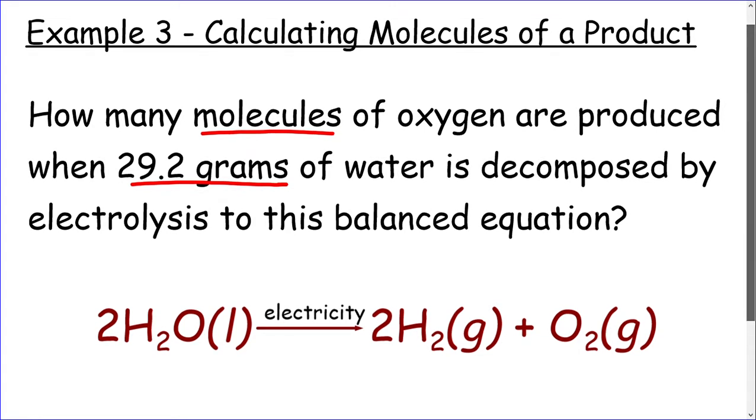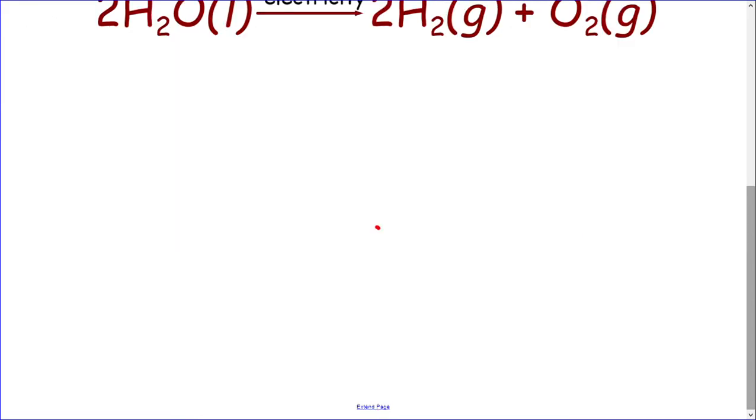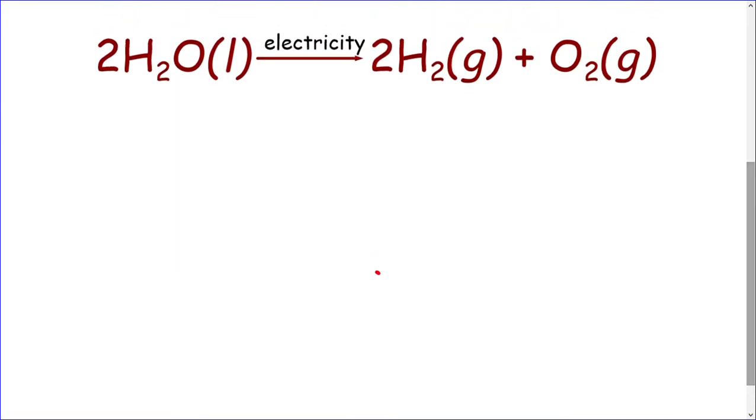Alright, so in this third part, and again, do try the question out. We start off and we have 29.2 grams of water. And then out of that, I've got 18.02 grams of water.